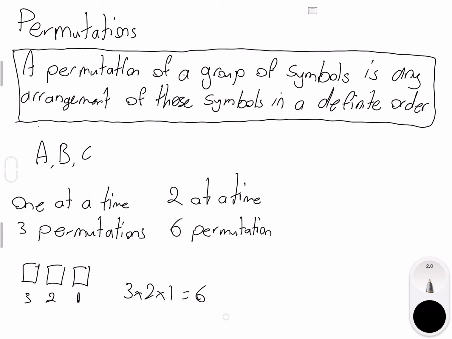Let's look at a different example where we might have more than 3 letters. So let's expand on our previous one, where we've got A, B, and C. Let's go A, B, C, D, and E. How many permutations are there on these 5 symbols, A, B, C, D, and E, for 2 at a time? So we've got 2 boxes.